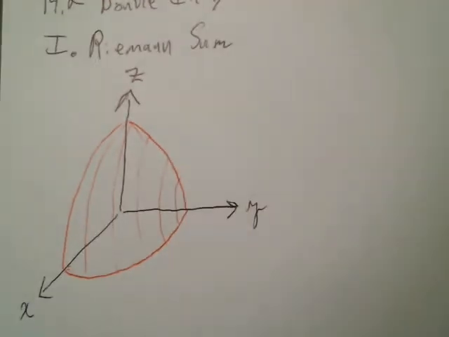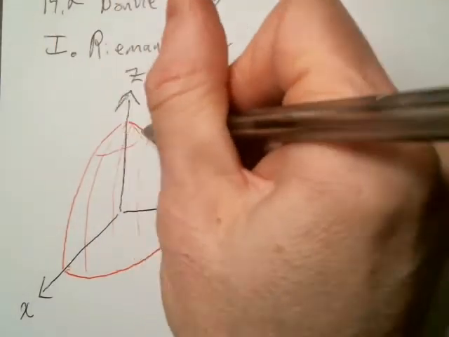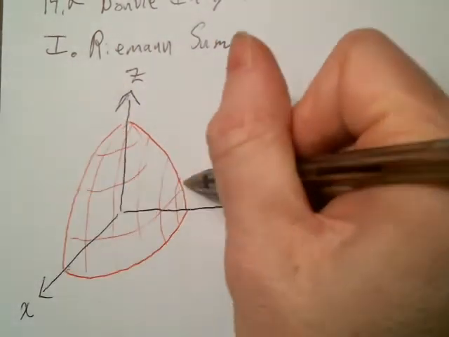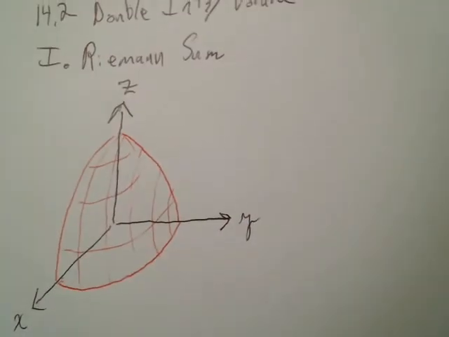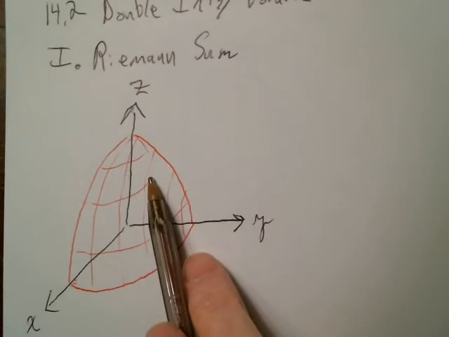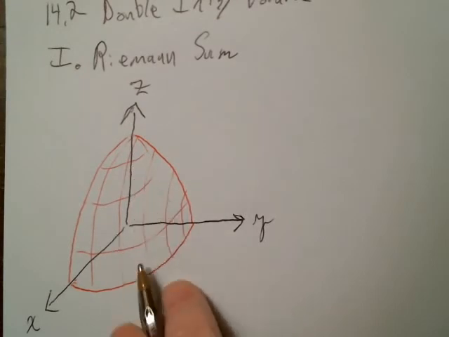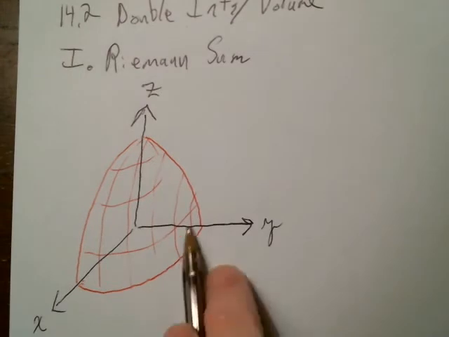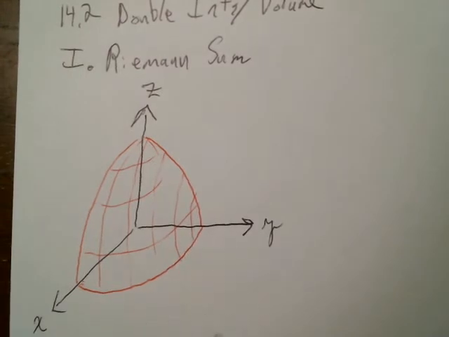Something like that. Okay. And I want to find the volume inside this bubble surface over top of this semicircular type region in the plane, right?